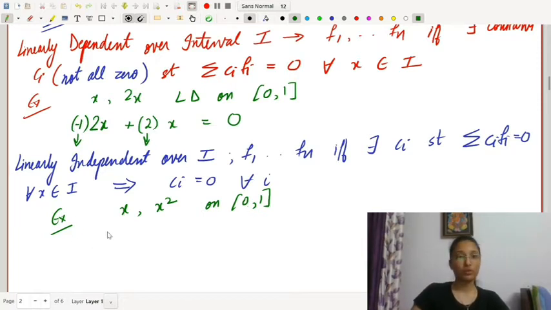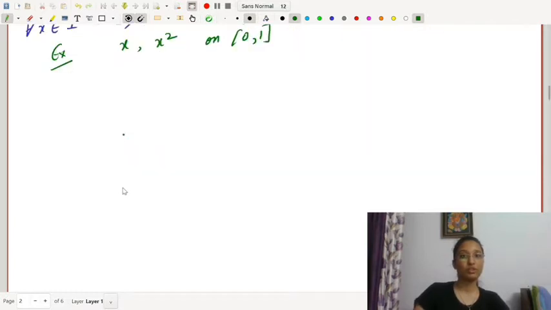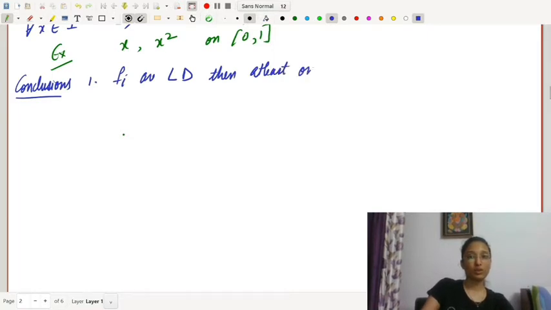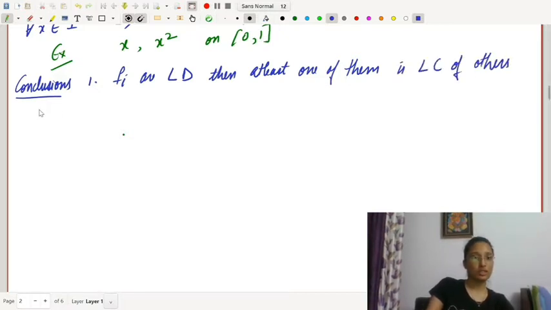Now we arrive at some of the conclusions. First, if fi are linearly dependent, then at least one of them is a linear combination of others.